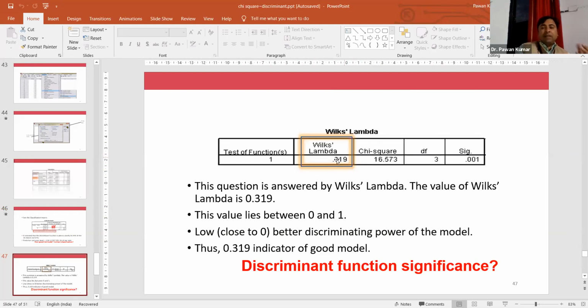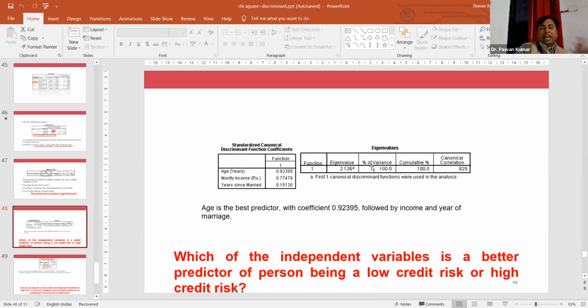That means the closer the Wilks lambda value is to 0 within the range of 0 and 1, the better the discriminating power of the model. It means the model is better at discriminating the customers between high risk and low risk. So 0.319 is a good indicator of a good model. From the next, we will report the eigenvalue model.